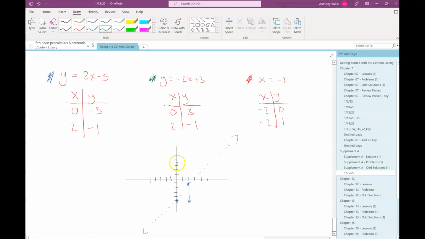The next one I have 0, 3, and then 2, -1. And this one is also a strict greater than. So I'm going to be drawing it with a dashed line. And then here we're going to be shading above.